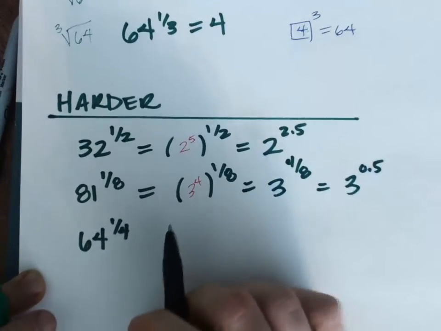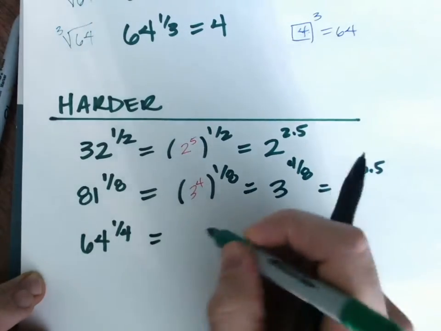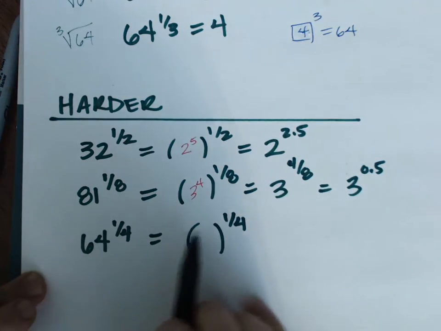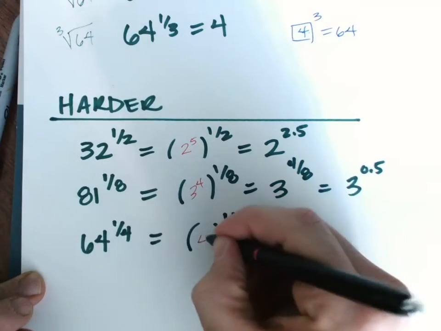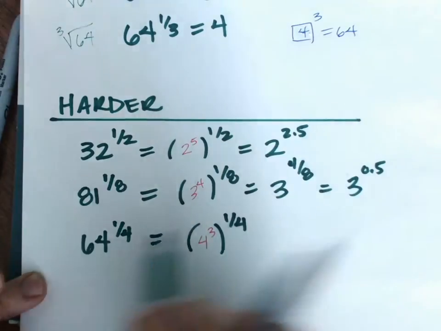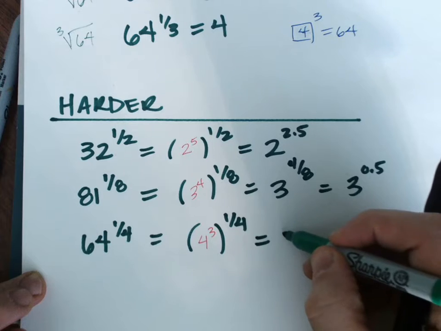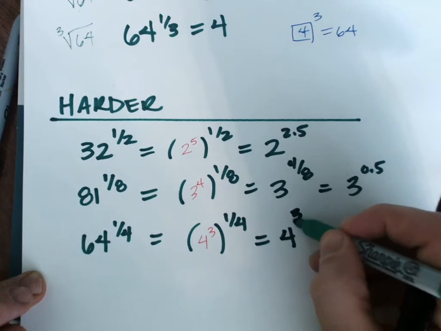And then the last one, 64. Now you could call that 8 squared, but we can do one better. Let's call that 4 cubed. And this is simplified to 4 to the 3/4.